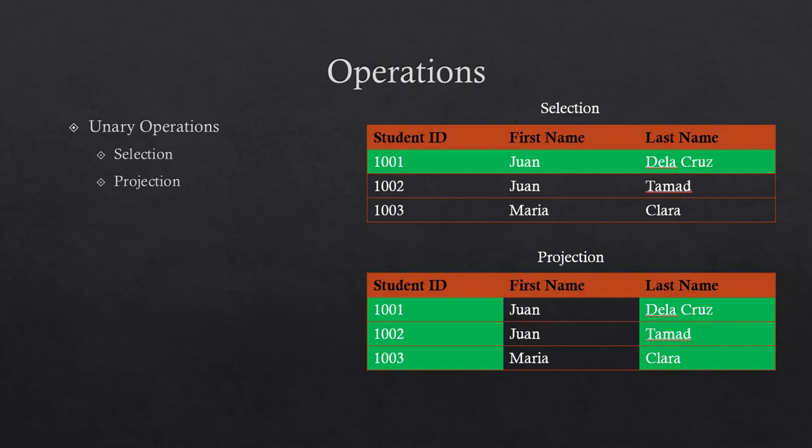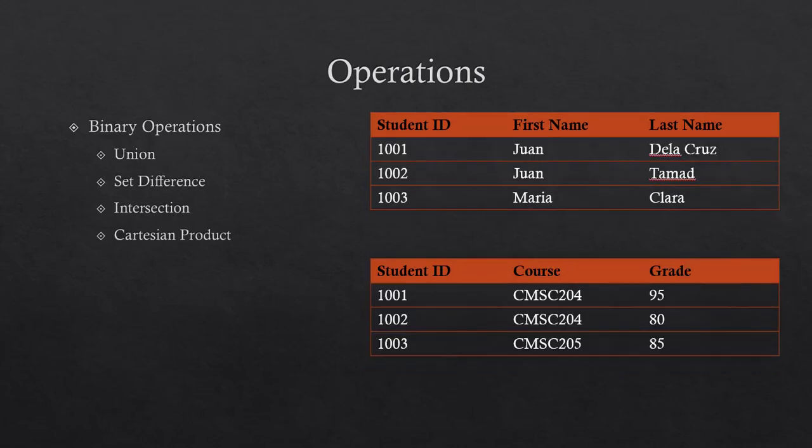I think the most important thing to remember with unary operations is that you are always operating on one relation. If unary operations deal with one relation, binary operations are more on the operation on a pair of relations.